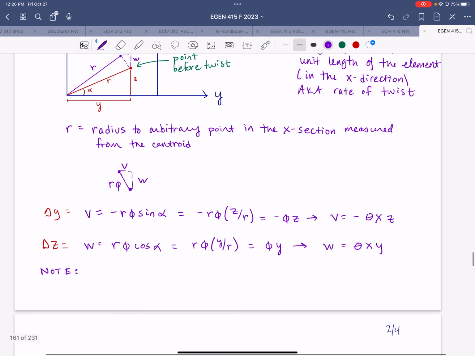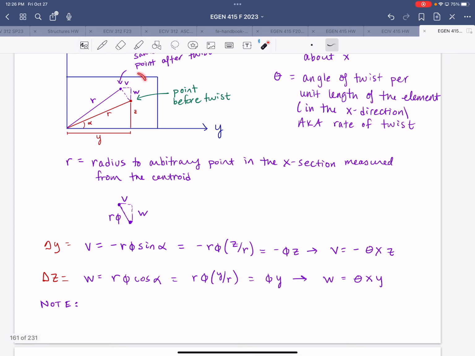Why are we going through all of this? Well, ultimately, it's to define shear strains. Remember back in the beginning of the semester when we did something similar for a plate that was undergoing translation and shear deformation, and we defined strains using the partial derivatives of u and v.